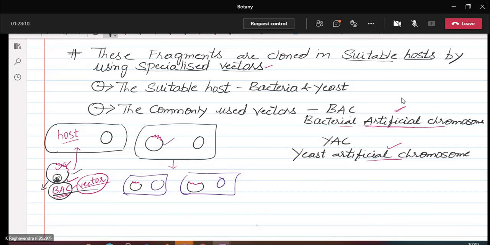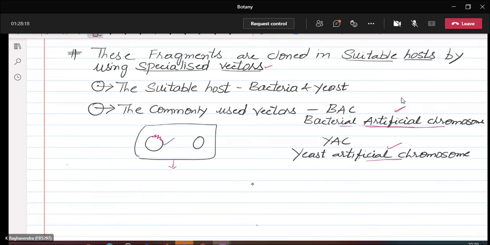Now the next step. Anyway, we got the numbers now. We can distribute the fragments to all the groups of scientists working on it. So many people are working on the same fragment. That's the central idea. Next step: these fragments which are cloned are sequenced.